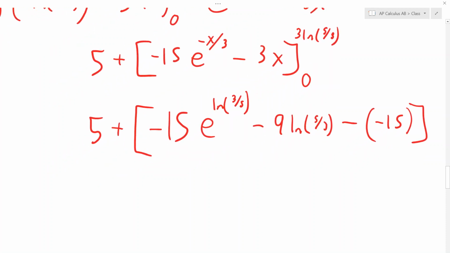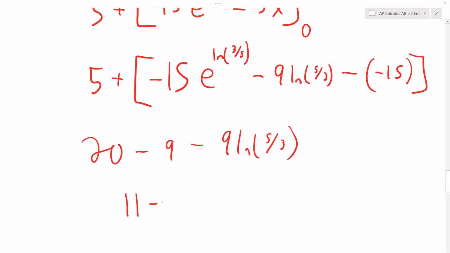So that's 20 plus negative 15 times 3/5. This is negative 9. Minus 9 ln 5/3, which is really 11 minus 9 ln 5/3. And then you're going to write your little sentence.